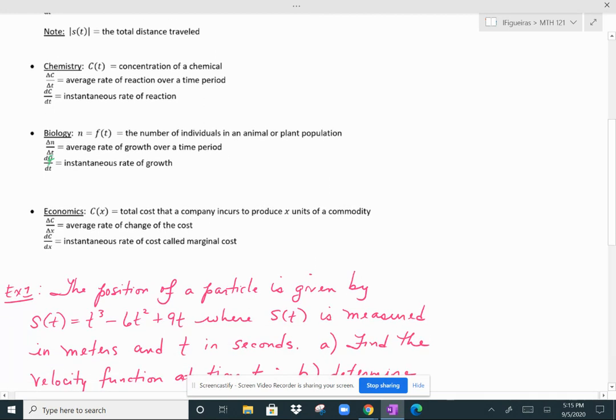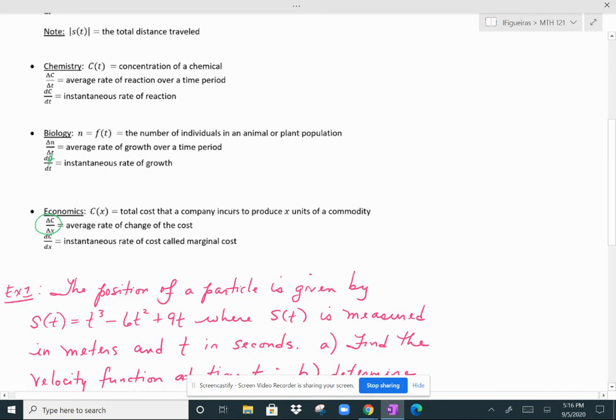Okay, so let's move on to economics. There's actually quite a bit of calculus in economics, so if you're interested in that, it's something to look into. So let's let C of x equal the total cost that a company incurs to produce x units of a commodity. So C of x represents the cost to produce x units of some commodity or product.